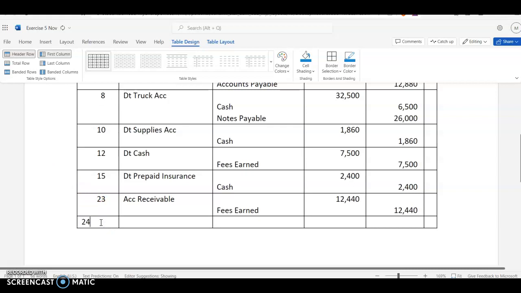24th. Receive an invoice for truck's expense. So we have used the truck and there are some expenses.